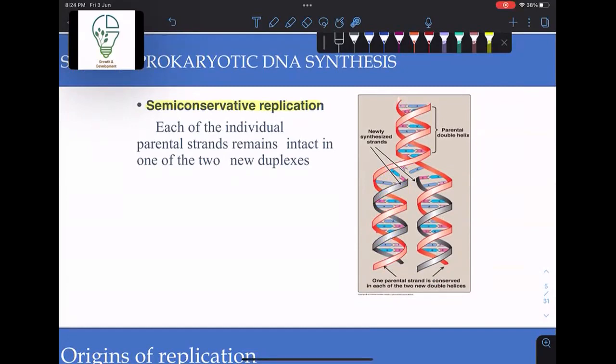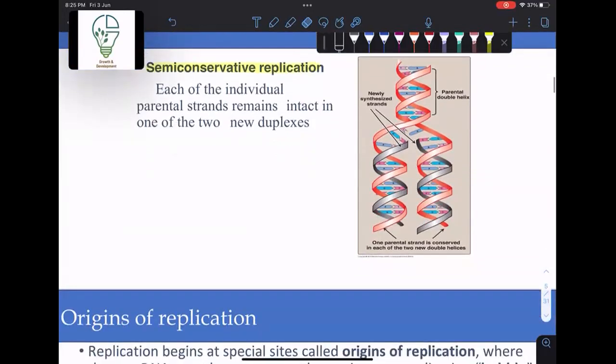If you think about it, every double helical structure has a newer strand and an older strand. So this is what we mean by semi-conservative replication. Each individual parental strand remains intact in one of the two new duplexes.